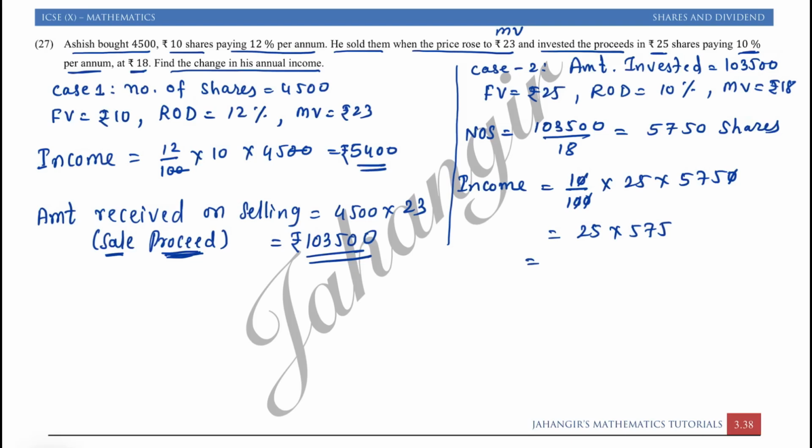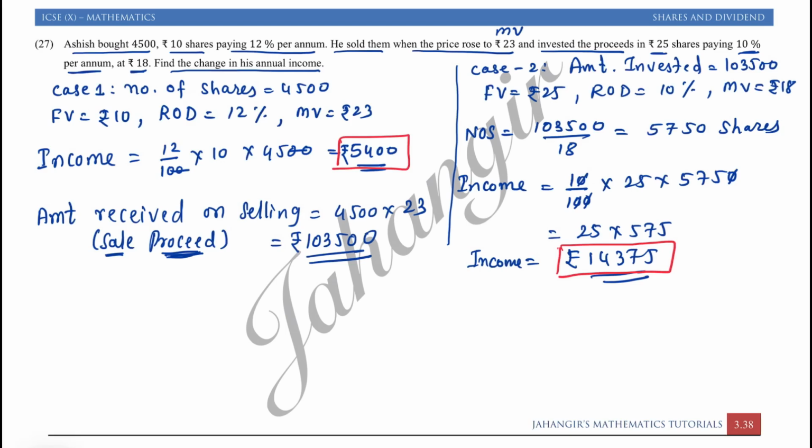Multiplying this, you will get income equal to rupees 14,375. Now if you notice, the first case's income was rupees 5,400, and in the second case we have income as 14,375.